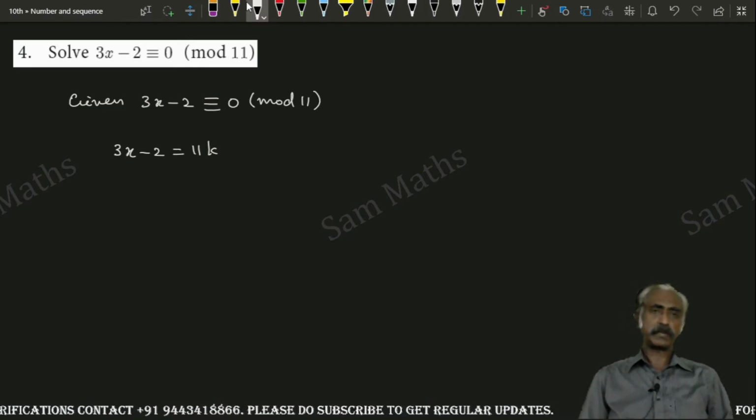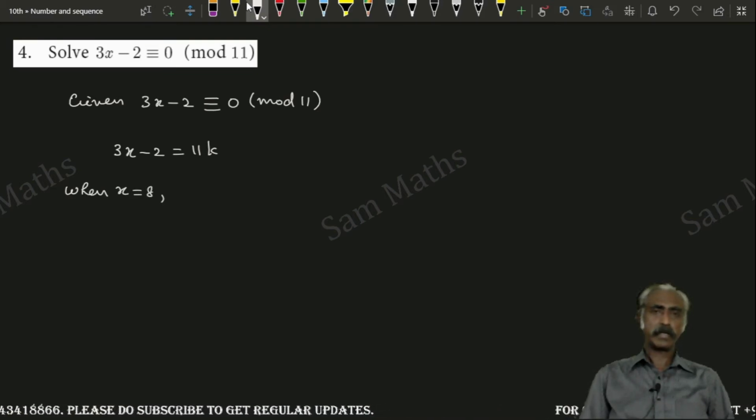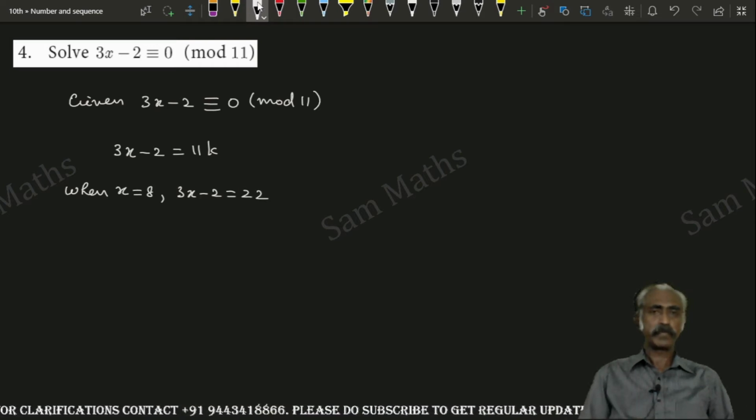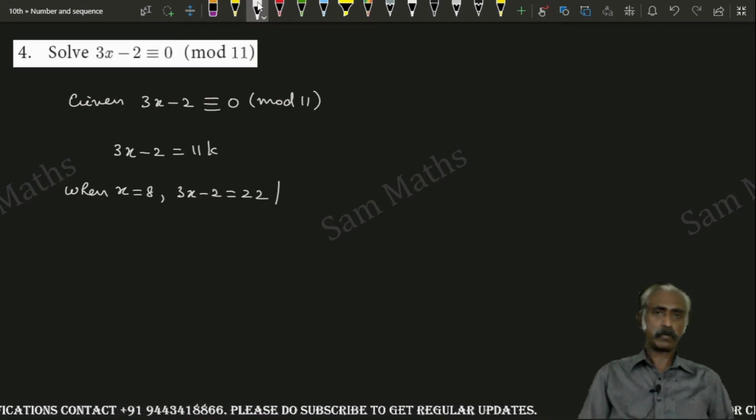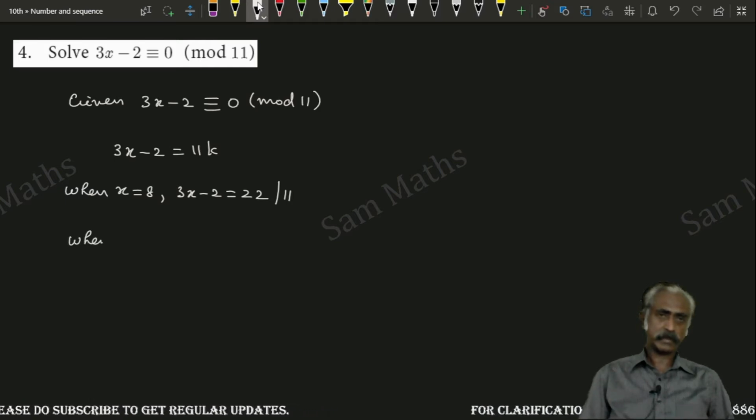8 you substitute, when x equal to 8, we are getting 3x minus 2 is equal to 22. So this is divisible by 11. So like that you have to go for more numbers. So just randomly you have to check like this.